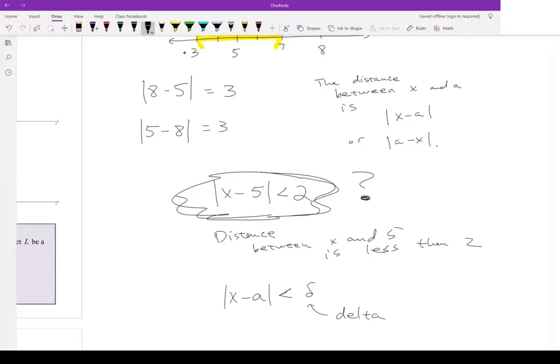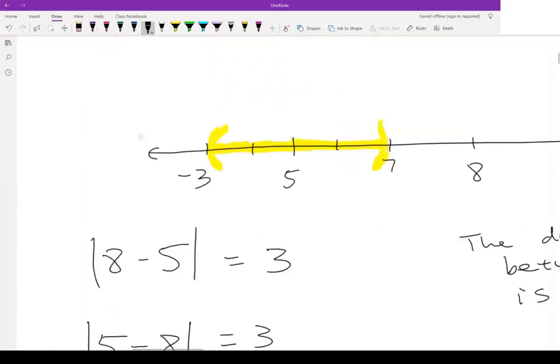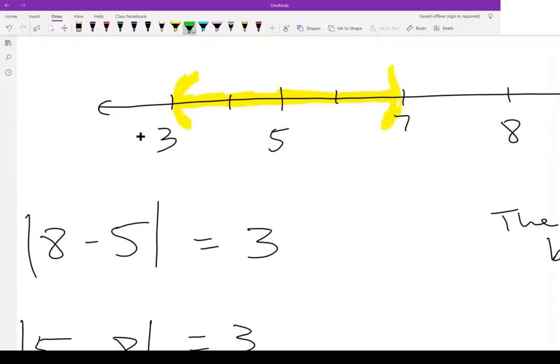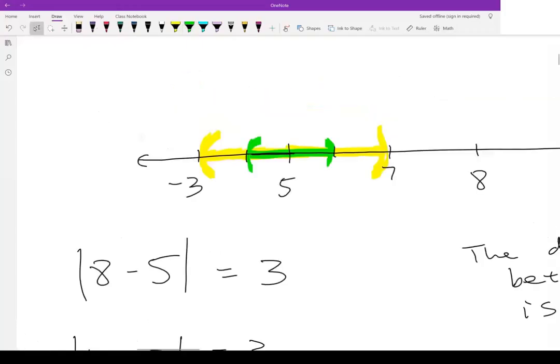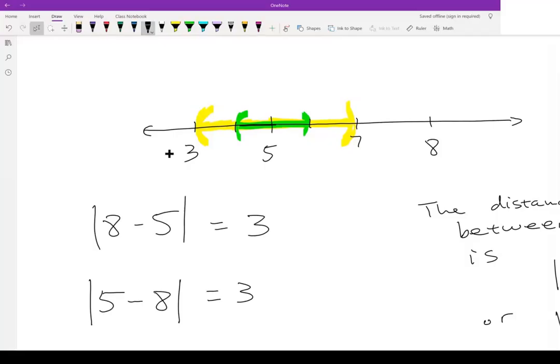And if I wanted to make a smaller neighborhood around 5, maybe just from here to here in green, then what would I do? Instead of writing the distance between x and 5 is less than 2, I would put less than 1. That would be for green.